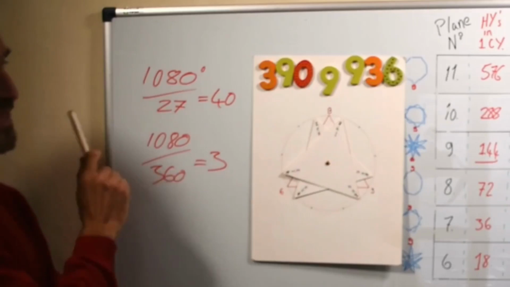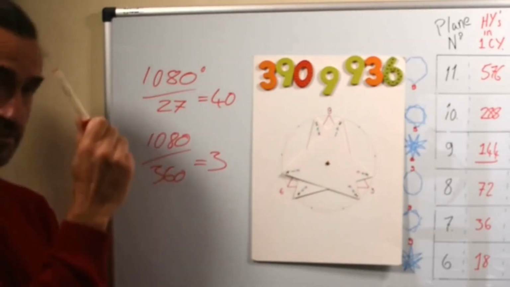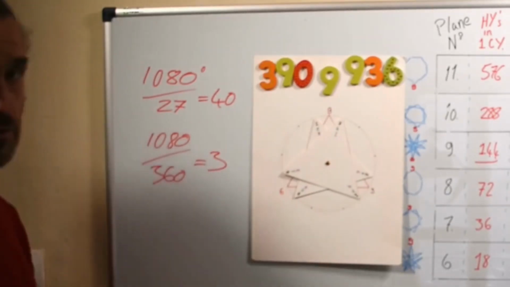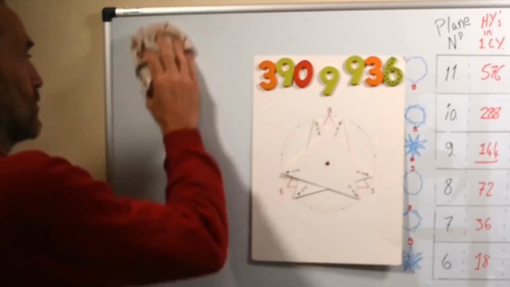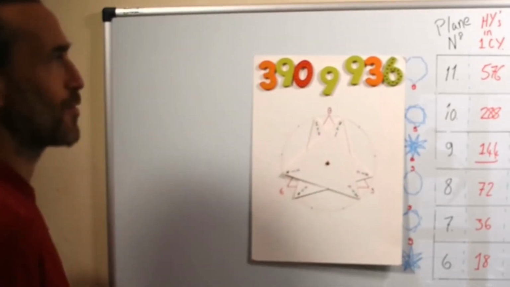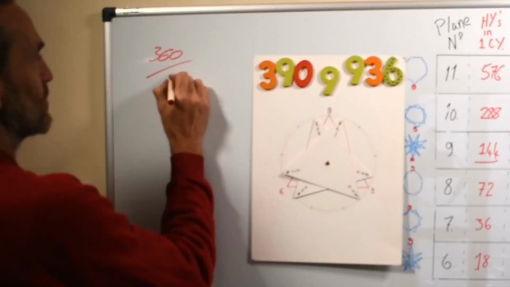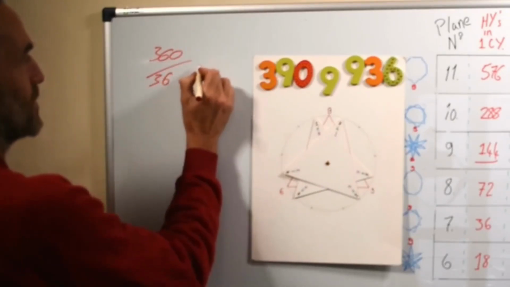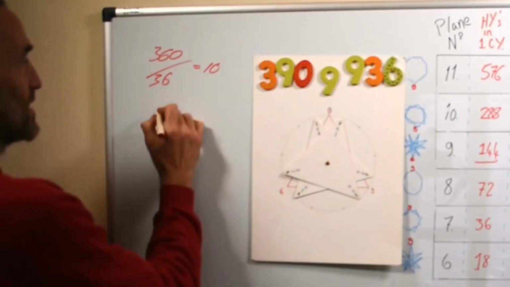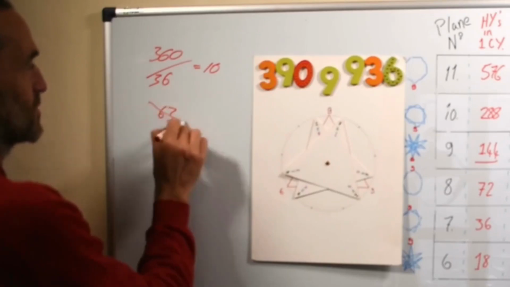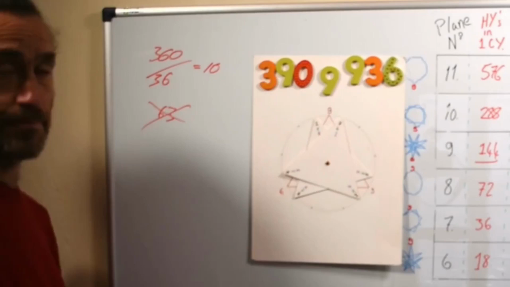So we know when the 18, the 45 and the 72 go into the 360, that's just 1 year. We can also extend that out. The 360 obviously also divides evenly by 36, 10 times. But 63 does not divide evenly into 360.